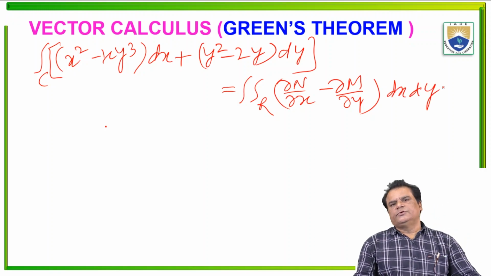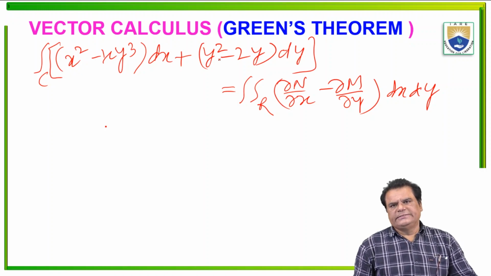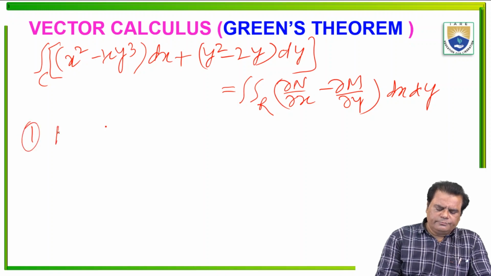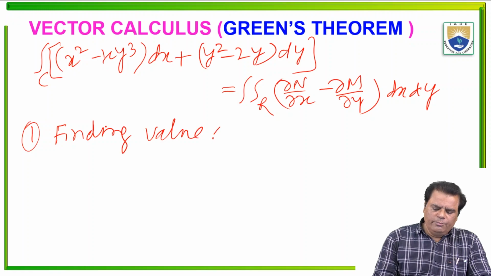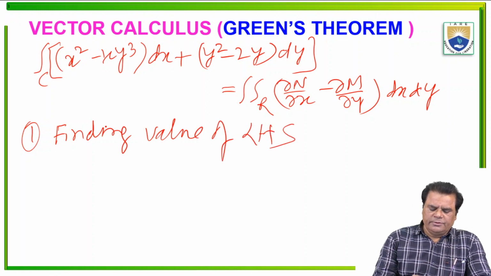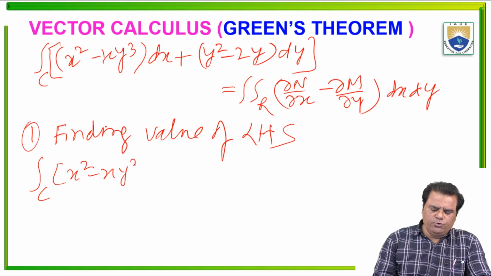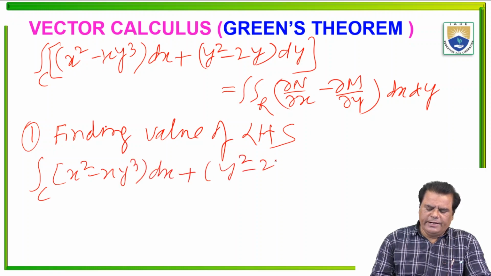Clear? So first of all, we find the value of the left hand side. Finding the value of LHS: integral C of x square minus xy cube dx plus y square minus 2y dy.